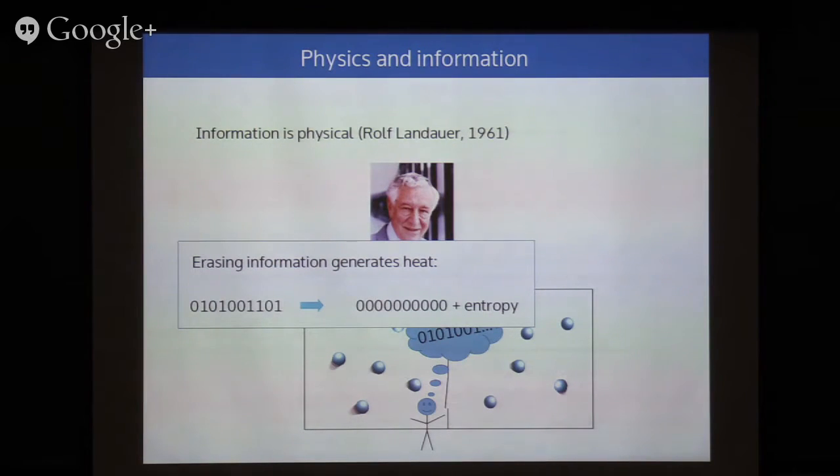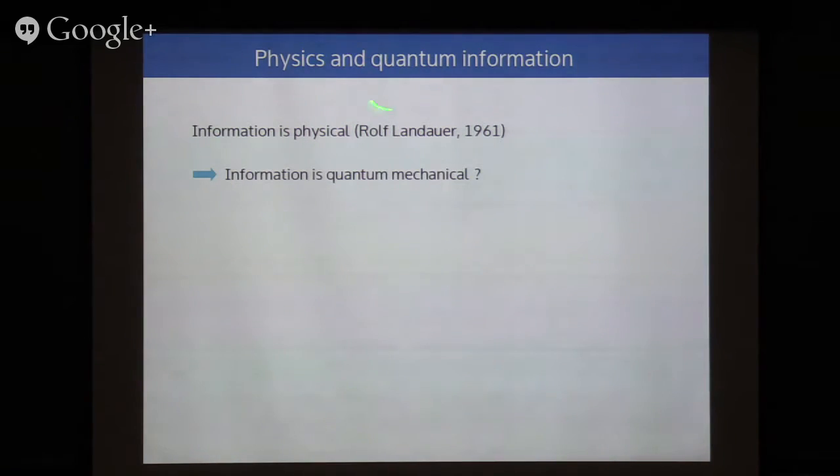Landauer claims if somebody forgets the information, you necessarily generate entropy. So that's Landauer's principle, making the statement that you have to consider the physical aspect of information. So if you accept that information is physical, then it's a short step towards saying, oh, well, information you should actually treat with quantum mechanics. So you want to generalize the concept of information, assuming that information can have also quantum mechanical aspects.